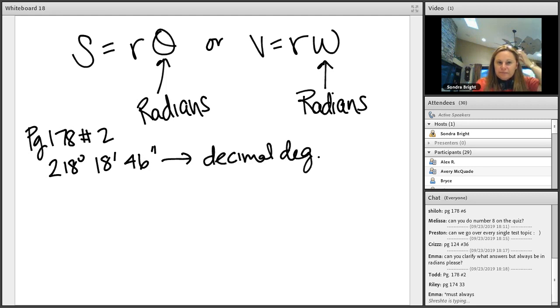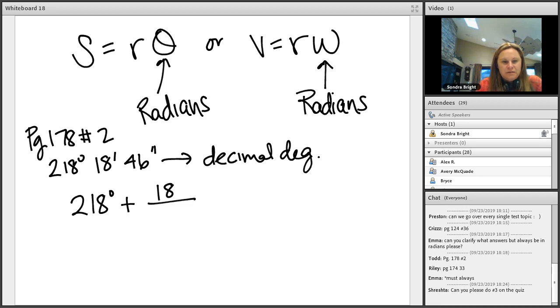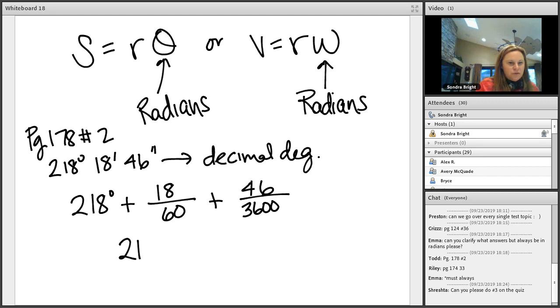All right, so this one you can do in one step. It's 218 degrees plus 18 minutes. There are 60 minutes in a full degree, and then 46 seconds. There are 3,600 of them in a degree. And so you can put that straight up in your calculator, and it should give you 218.31 degrees.